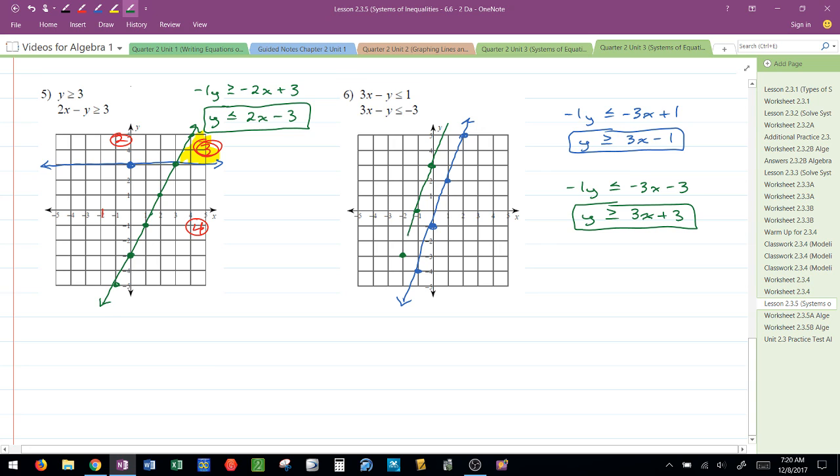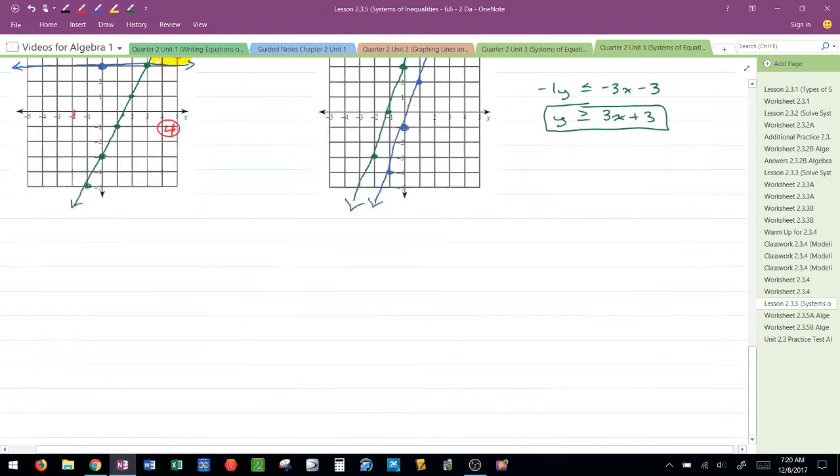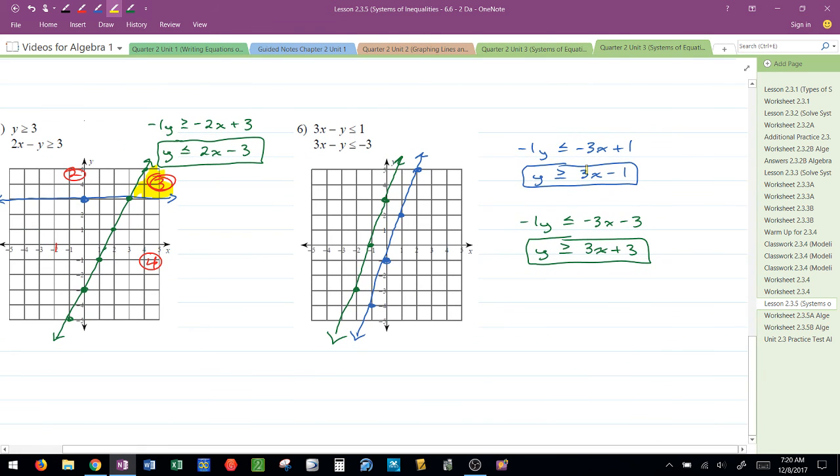Now, if you notice, something unique is happening with this picture. I know my lines aren't drawn perfectly, but I notice that both of these have the exact same slope. That tells me that these lines are parallel. These parallel lines still create regions 1, 2, and 3.